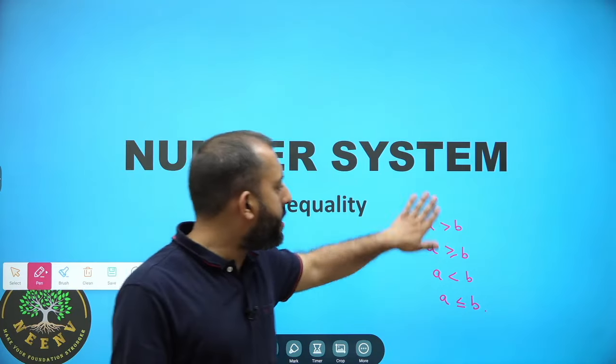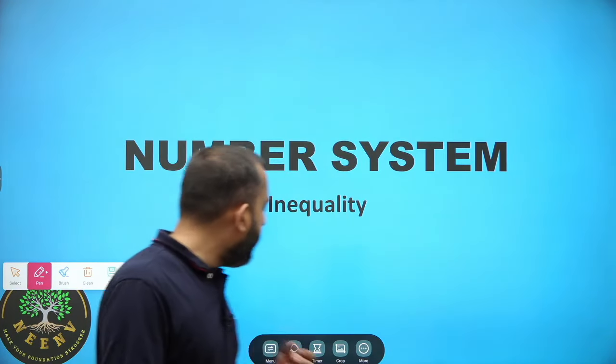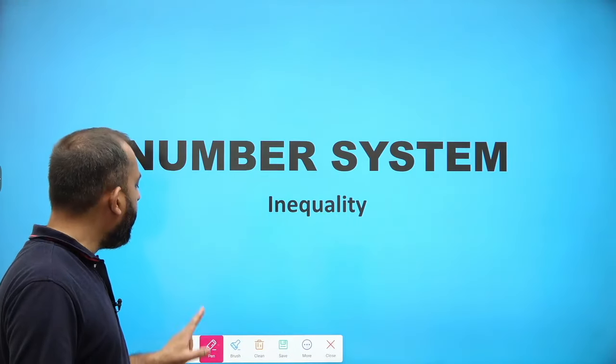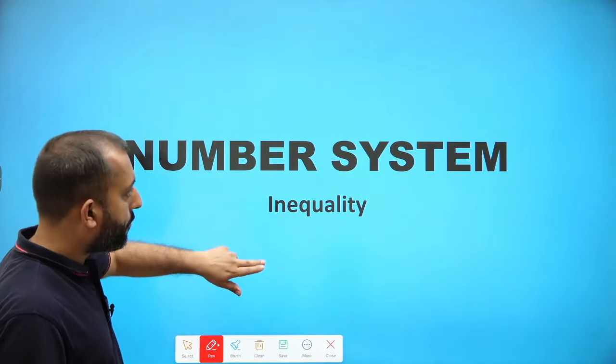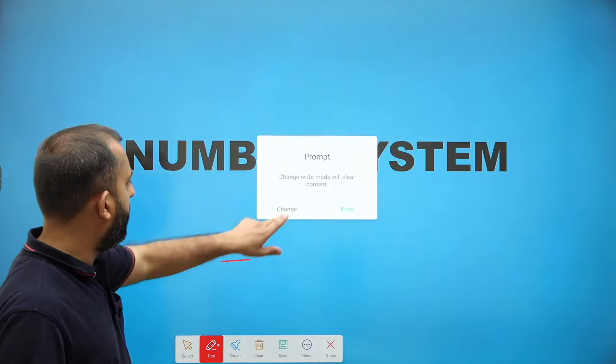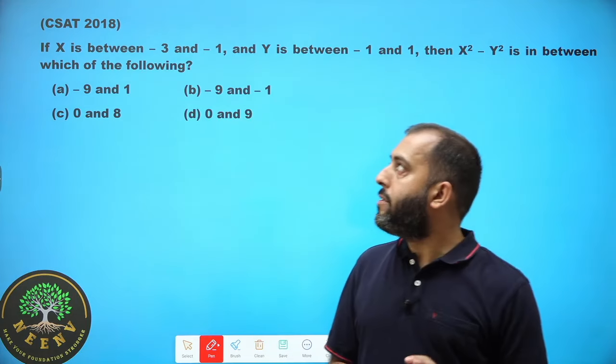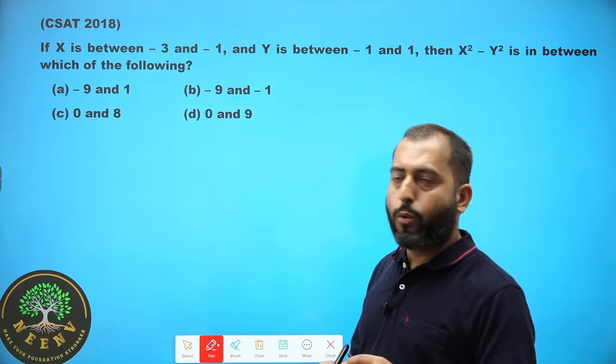Now let's understand the meaning of this theme and these symbols with the help of examples. So this is our example number 1. It was there in CSAT 2018.